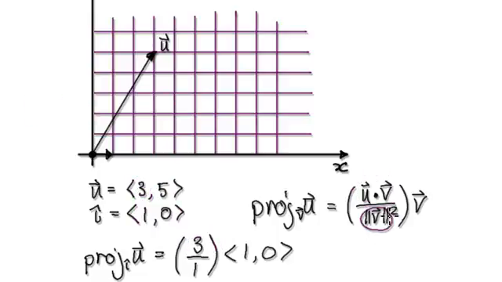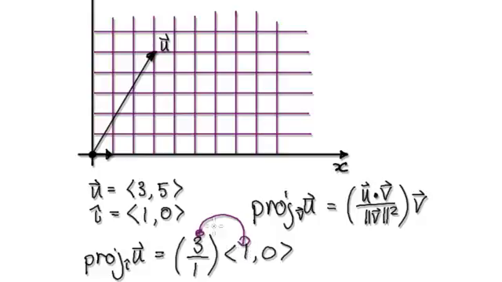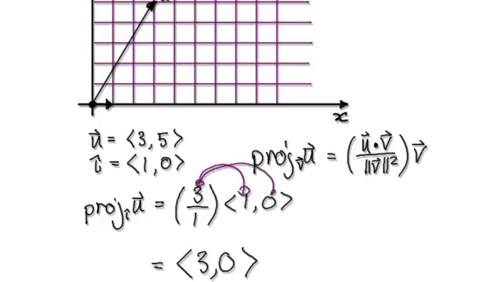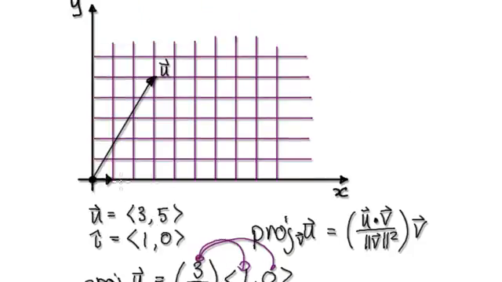Then we need the magnitude of v, which is 1, and then you square it. 1 squared is 1, and then times the vector v, in our case this thing here. So now if you get this times this times this, it will give you a vector of 3 across, 0 up. So it will be this vector here.